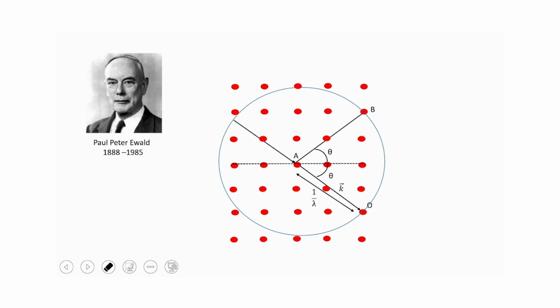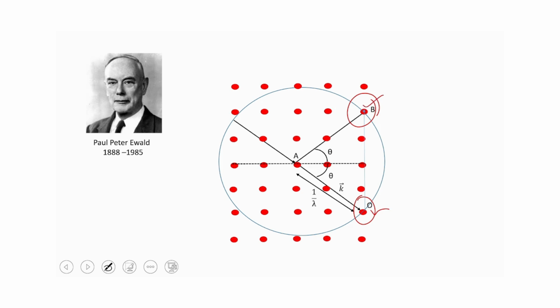Now suppose the diffracted beam intersects the sphere at point B. By joining point O with point B, this is just like shifting from one lattice point to another lattice point in the reciprocal space. This is one lattice point and this one is the other lattice point.